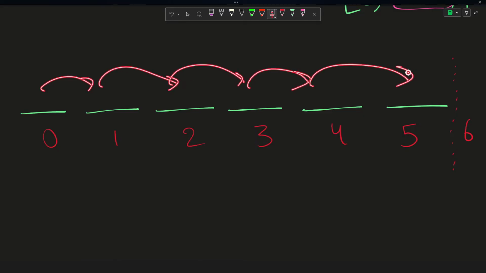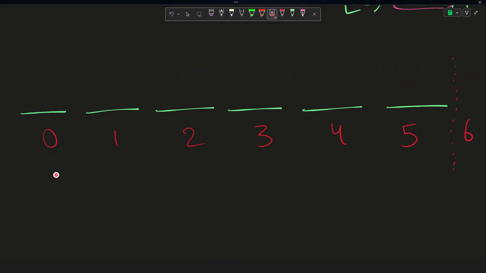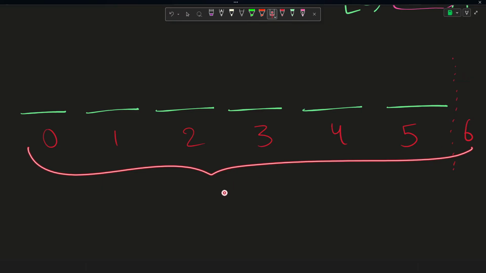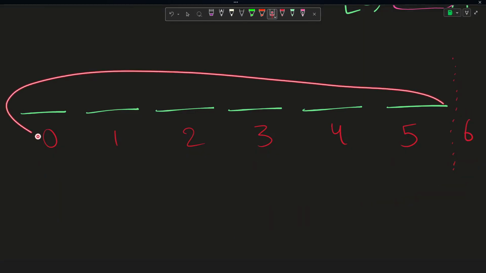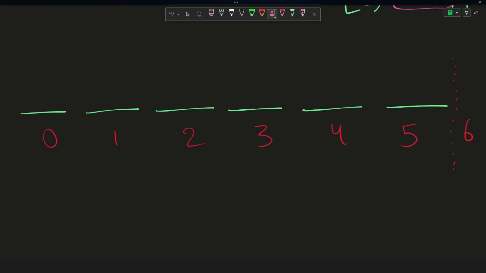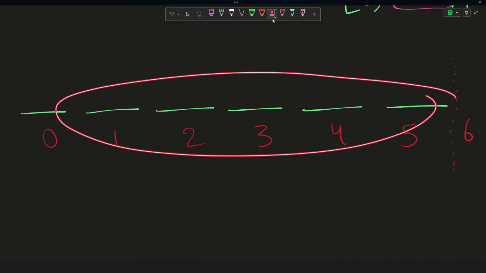And as soon as the integer is completed, we used to compare the size. That is, if the size of this integer, which is 6 here, becomes equal to the index, that is this 6, then we will realize that the integer has been formed successfully without causing any issue, and that integer will be a valid integer in that range, right?